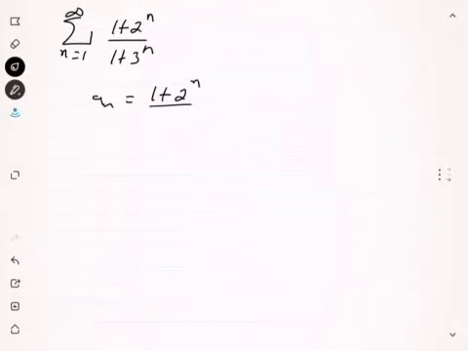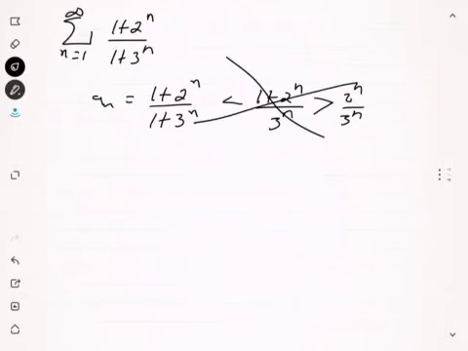So for example, in this case, if you have the sum as n goes from 1 to infinity of 1 plus 2 to the n divided by 1 plus 3 to the n, then an, which is 1 plus 2 to the n divided by 1 plus 3 to the n, is less than 1 plus 2 to the n if we drop the 1 from the denominator, but then after that it will be bigger than 2 to the n divided by 3 to the n, so these are like contradicting statements, so the direct comparison test is not going to work.